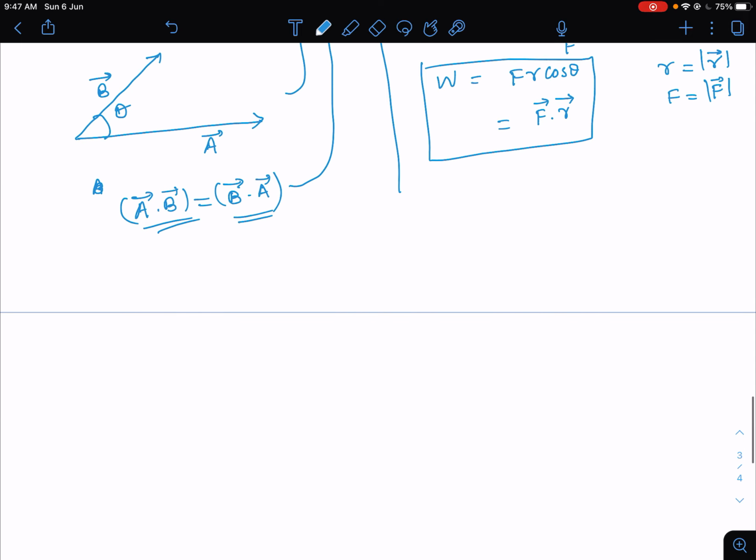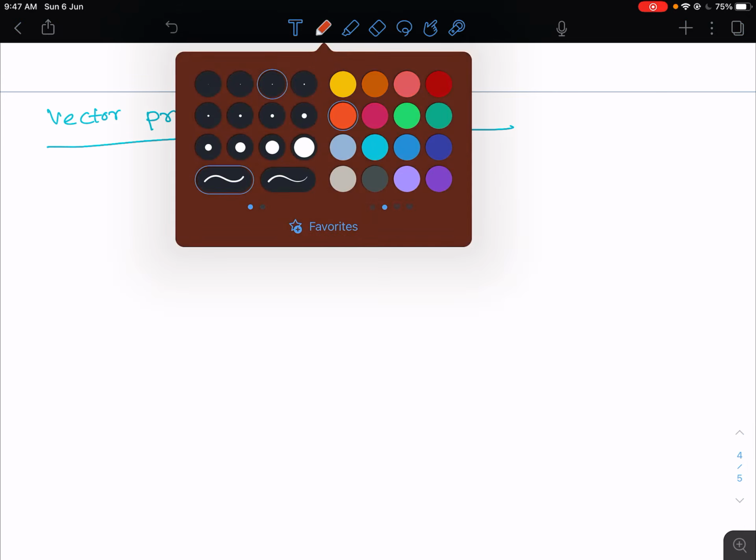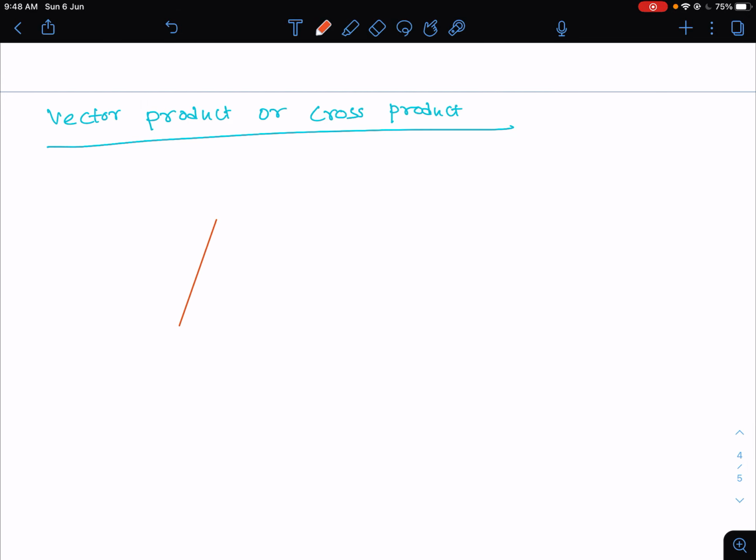Now let us discuss the vector product or cross product. So if you have vectors, let's say this is A and this is B. The vectors A and B are in the same plane as this paper.